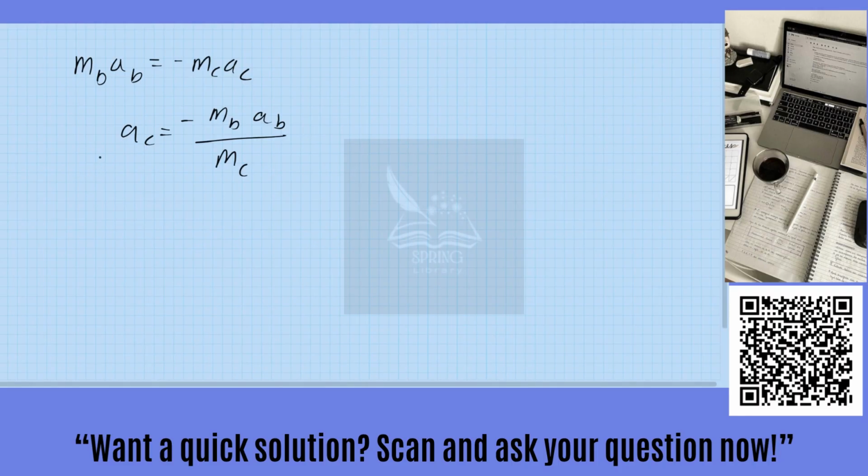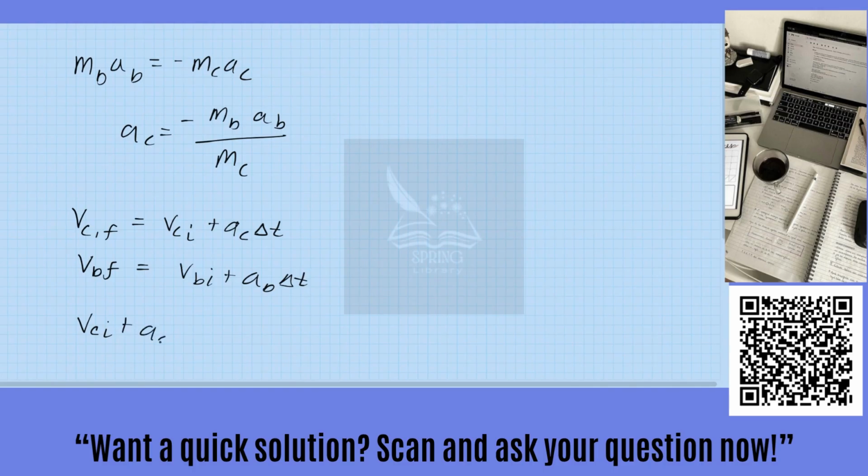We know that the velocity VC final equals VC initial plus AC delta T, and VB final is VB initial plus AB delta T. So VC initial plus AC delta T is equal to VB initial plus AB delta T.